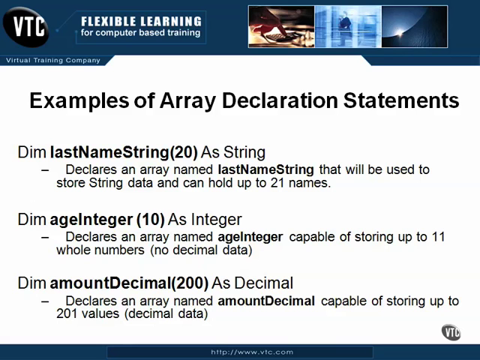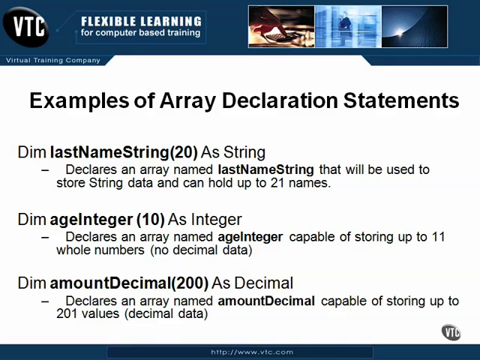Visual Basic begins counting at 0 as opposed to 1. So each array starts at the 0 location up to the highest subscript. In this case, lastNameString would have 21 elements with subscripts from 0 to 20.